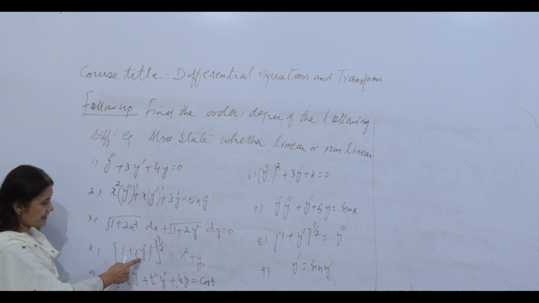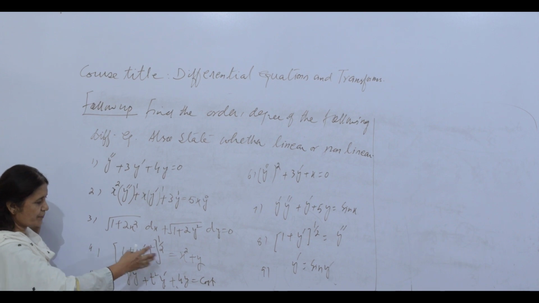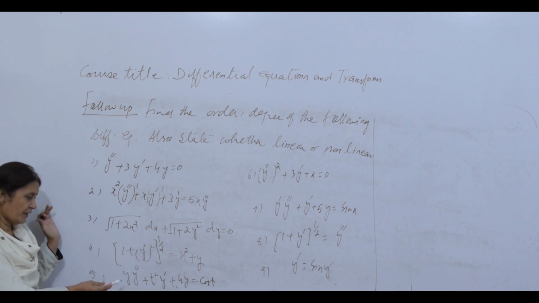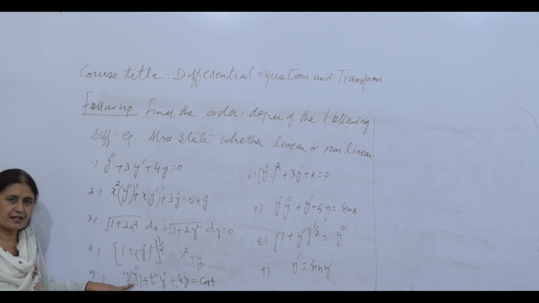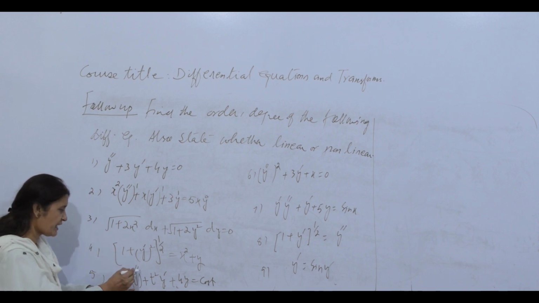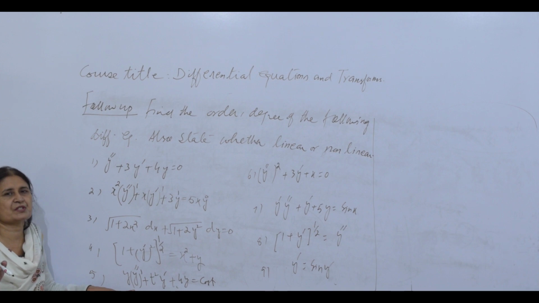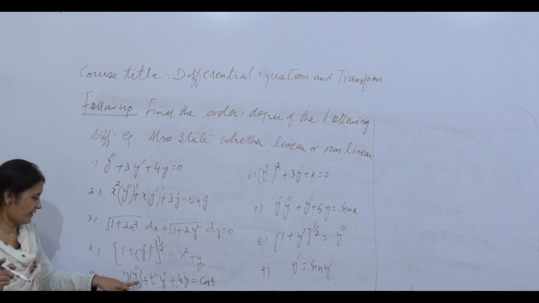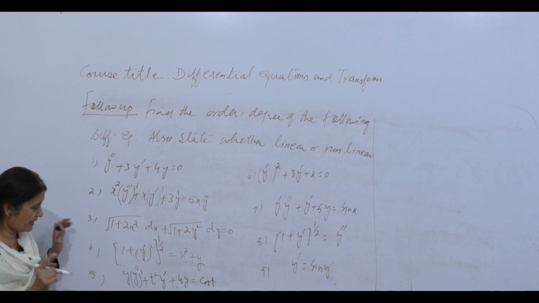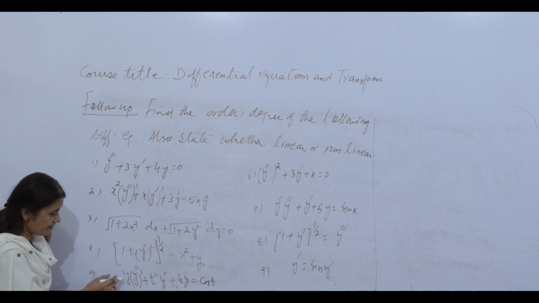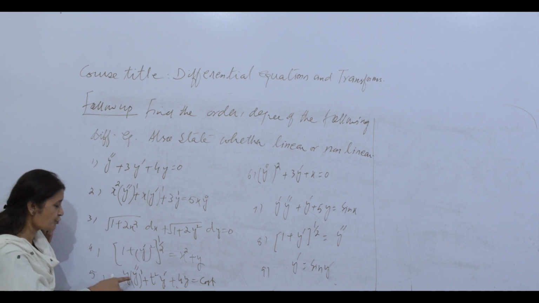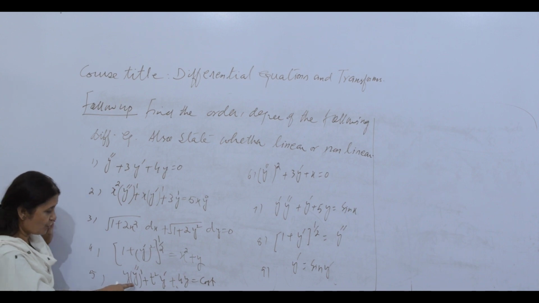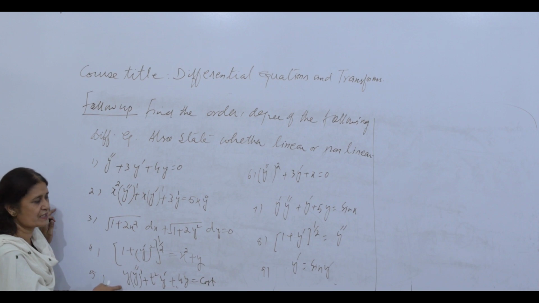Similarly here, the derivative is under the radical sign, remove it and tell me. Here order 2; the highest order derivative is second order, exponent is 1. That is the first step of linear, degree 1. But again, the dependent variable is multiplied with the derivative, and the dependent variable should not be multiplied. So order 2, degree 1 and non-linear because this y is multiplied.